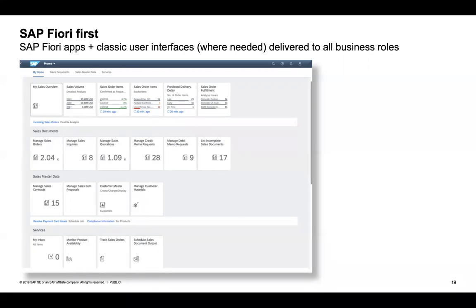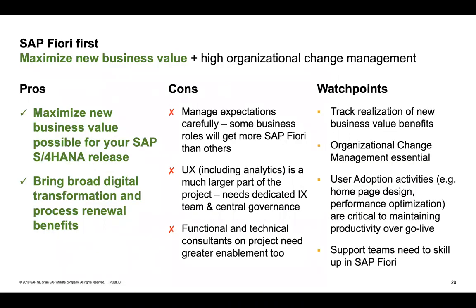But when you're going for that sort of digital transformation and you've already basically set the expectation with your business that a lot of things are going to change, you may as well go for that big bang lump of one change, one big change, rather than drag it out. So this is a more proactive approach, but it does mean you maximize your value and you can bring those transformation.